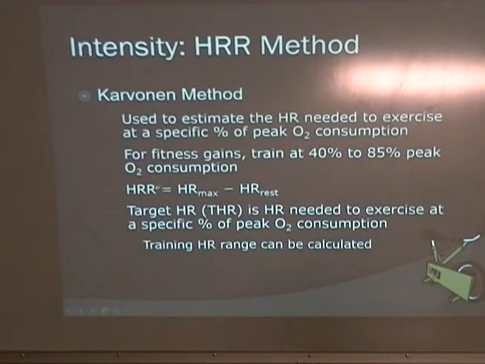Okay, so your heart rate reserve is your heart rate max minus your heart rate at rest. And then your target heart rate is the heart rate needed, so the percentage of your heart rate reserve needed to meet the percentage VO2. And so we can calculate heart rate ranges for percentage VO2 or heart rate ranges for percentage heart rate max.